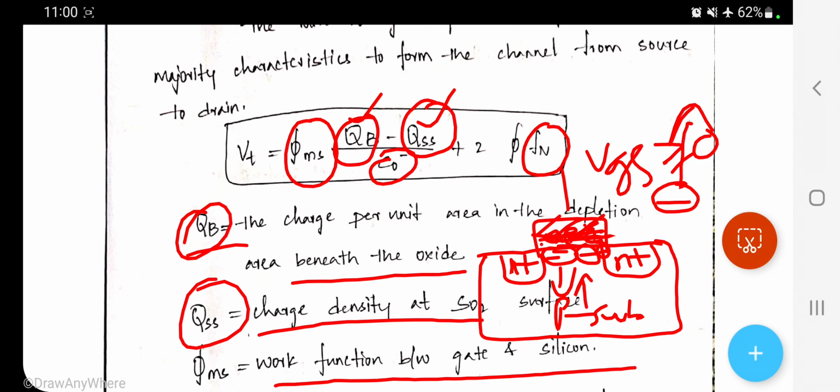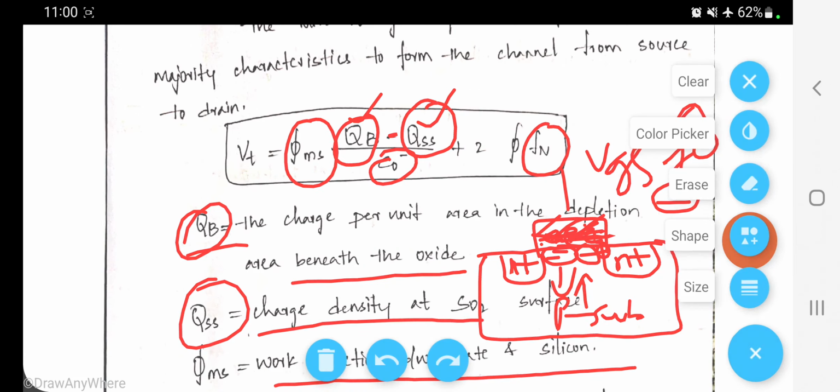So this also changes the threshold voltage required, QB minus QSS by C naught. So these are trapped electrons, and phi_ms is the work function between gate and silicon.